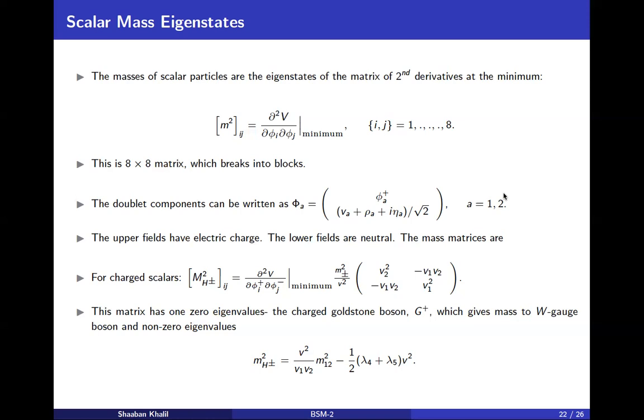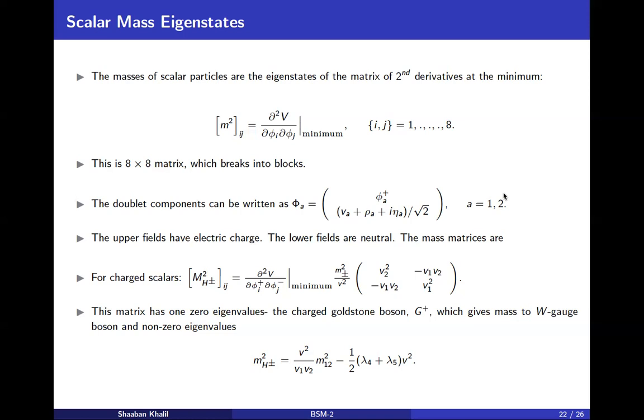Phi i phi j are the components of the fields, the components of the two doublets, and you substitute with the VEV values. So, for example, if you take this form of the doublets, with a charged phi plus and the VEV in the zero component, which is usually built on the hypercharge, it's usually in the V down components, V_a plus rho_a plus i eta_a over square root of 2. So this is what we call the charged Higgs, and this will be CP even, and this is CP odd, usually.